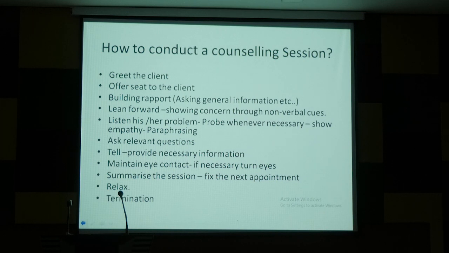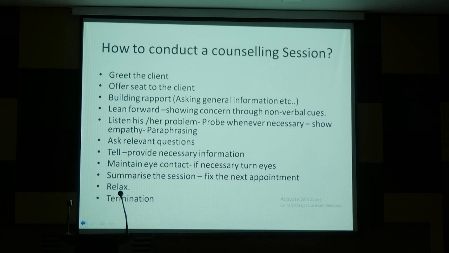Then lean forward. Suppose you are sitting like this, lean forward. That means once you lean forward, the patient will think, okay, Dr. Babu is giving proper attention, leaning forward like this. Okay, lean forward. Showing concern to non-verbal cues.